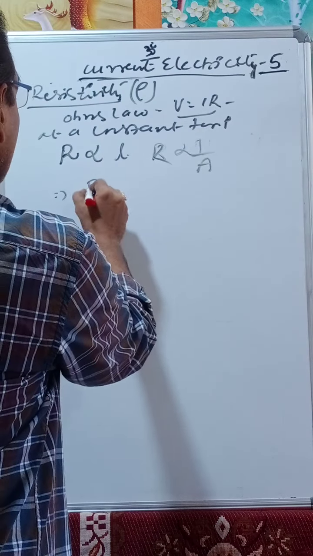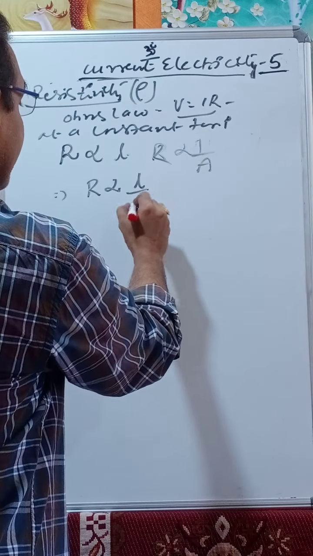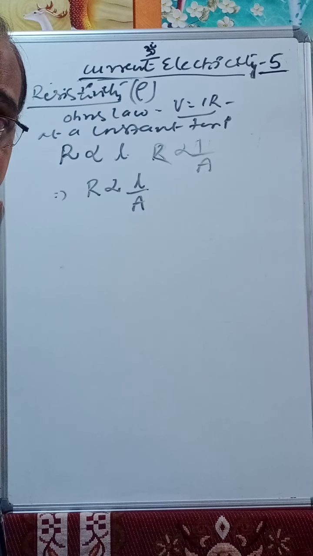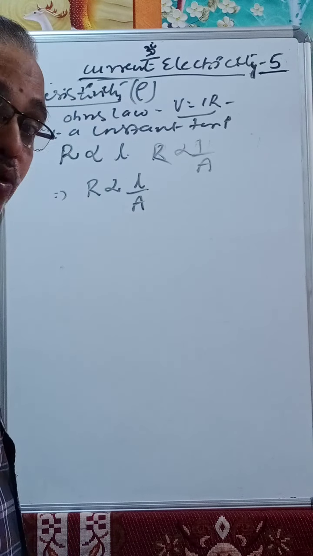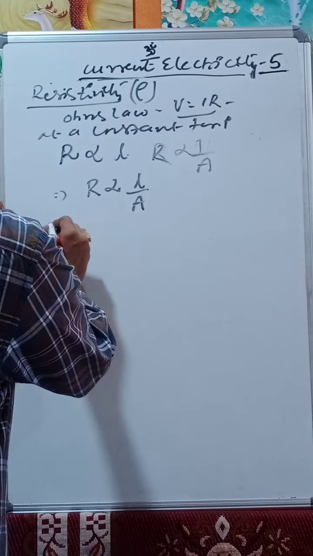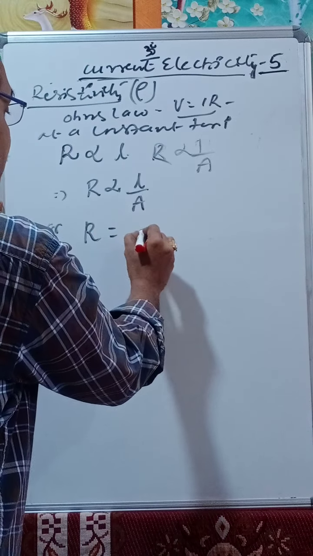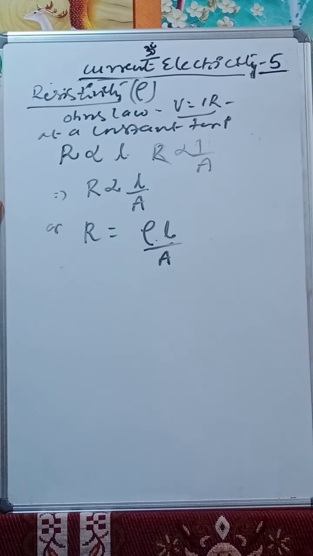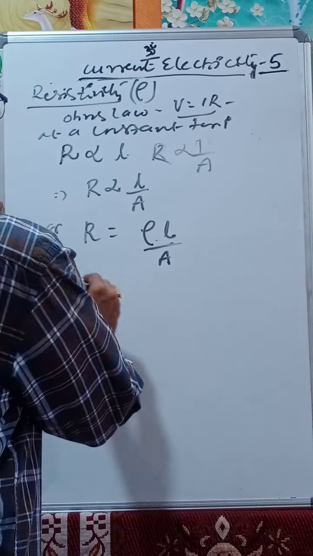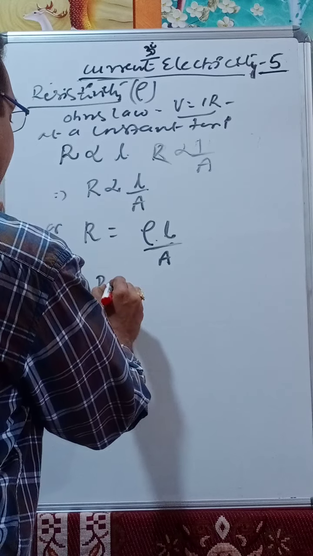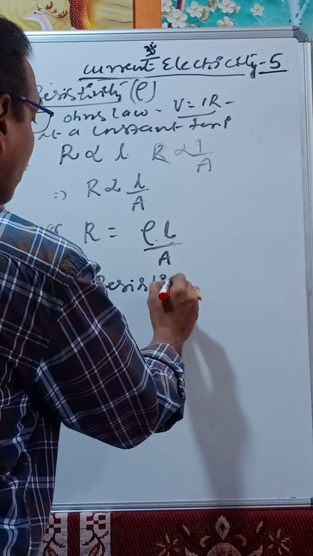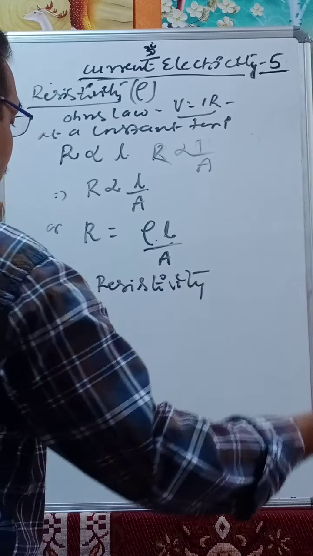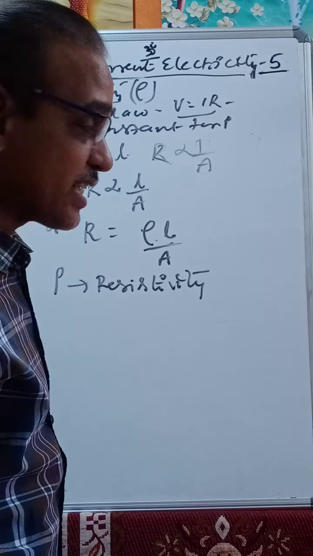Combining these two, we get R proportional to L by A, or R is equal to some constant rho into L by A. Here rho is called the electrical resistivity.